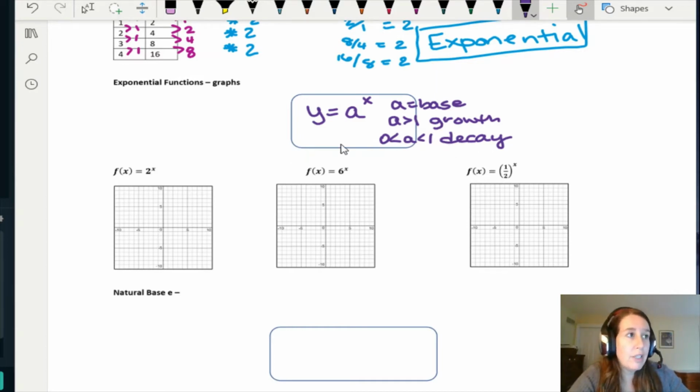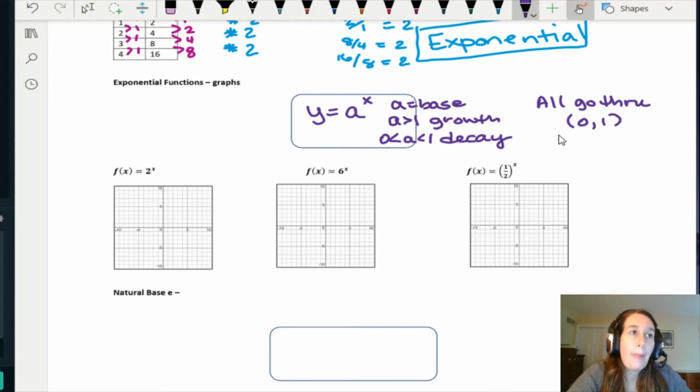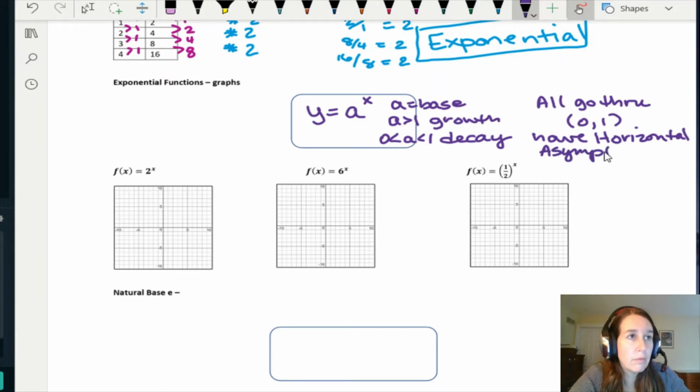So the point that all exponential functions have will go through 0, 1. And they all have a horizontal asymptote at y equals 0.